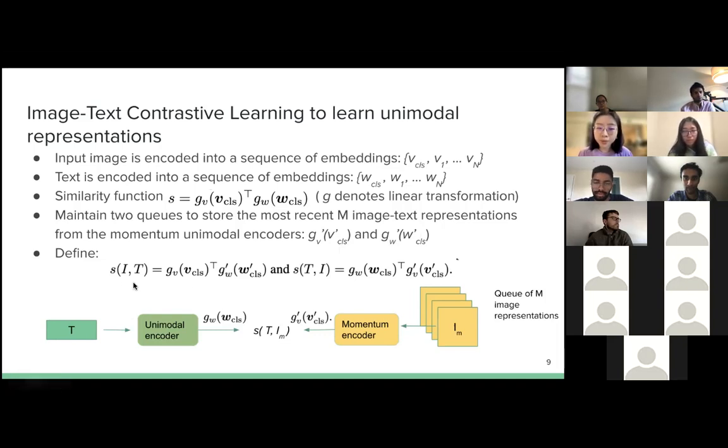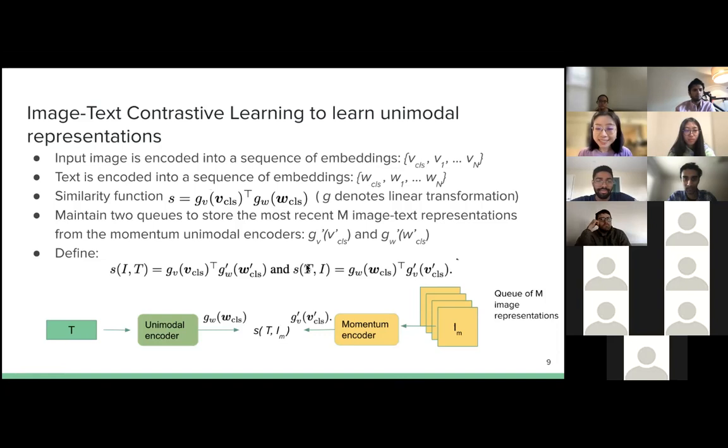So when we are computing the similarity scores, we're not actually computing the similarity between all possible pairs within the mini batch. We're computing every text with the queue of the most recent M image representations from the momentum encoder. I tried to draw this illustration here.